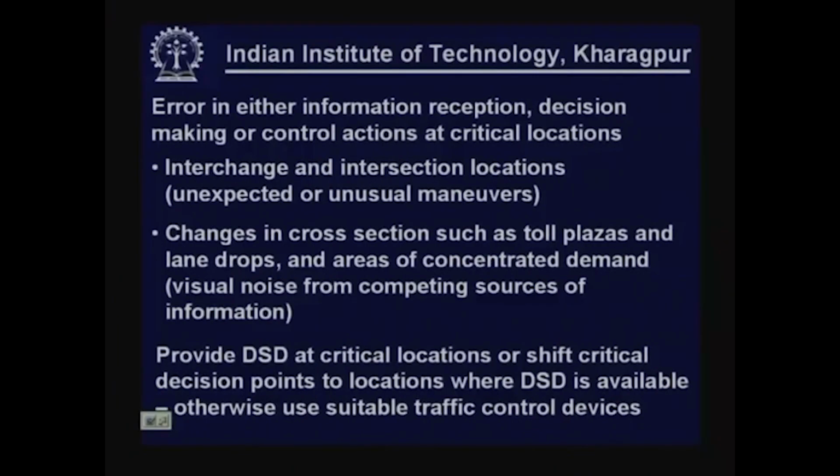If none of these options are acceptable, meaning they are not practically possible because of site conditions and other constraints, then suitable traffic control devices should be installed to warn drivers about the possible condition.